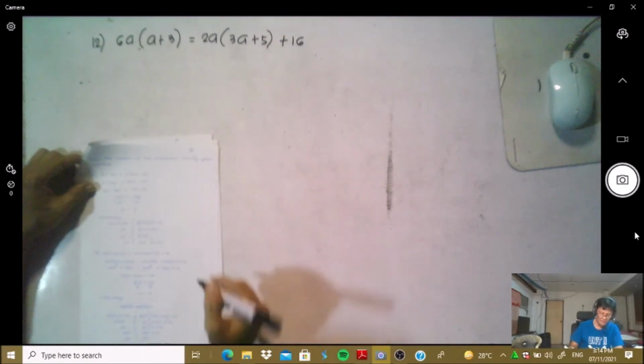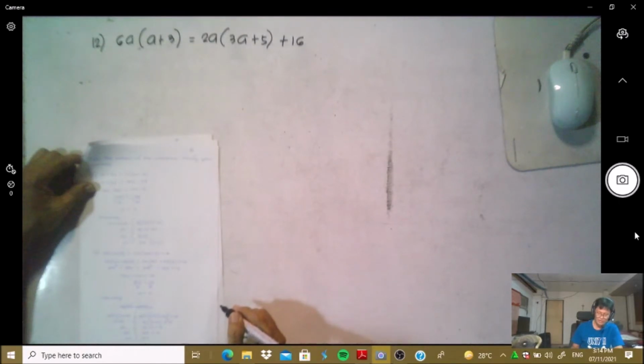Okay, we have 6a multiplied by the quantity a plus 3, which is equal to 2a multiplied by the quantity 3a plus 5 plus 16.